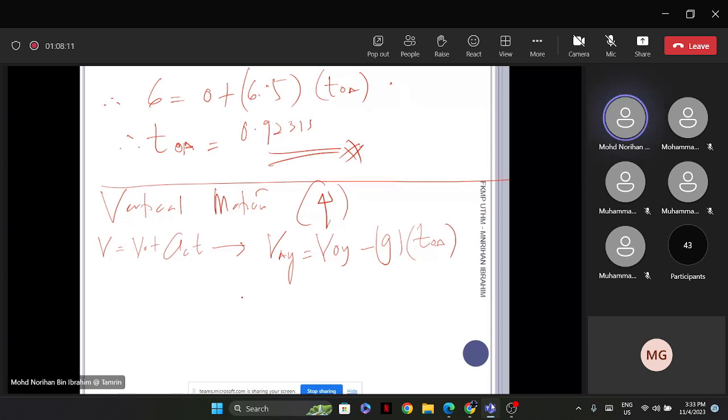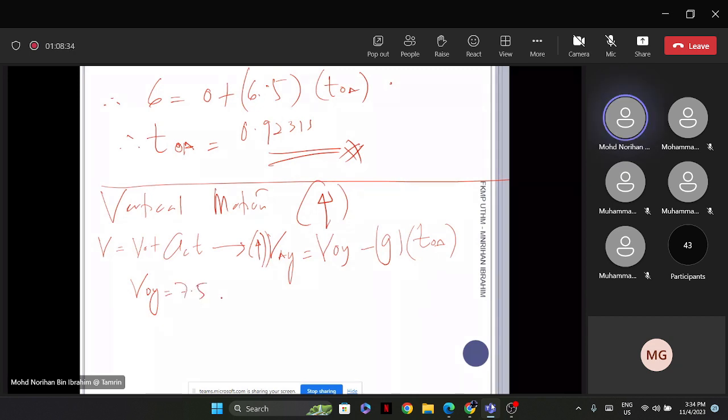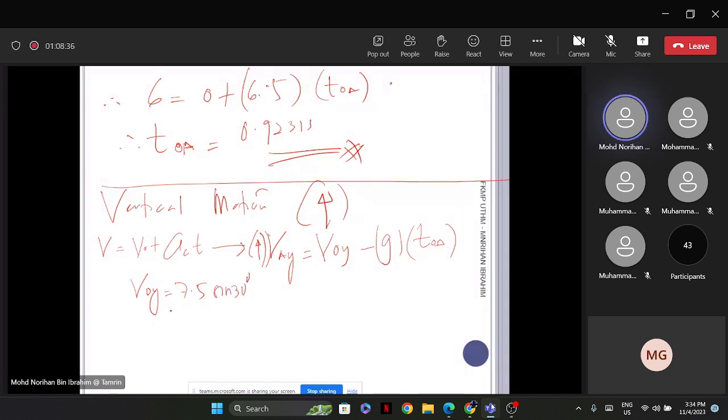Just don't forget to put the positive sign convention, positive upward for this one. If you expand this, you know that VOY is equal to 7.5 sine 30 degree, which is equivalent to 3.75 meter per second.